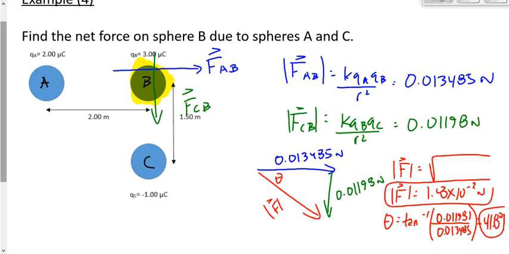North, south, east, west is not my frame of reference. The question doesn't mention north, south, east, west like it did in most of the collision questions. So I'm just going to express it as 41.8 degrees. Or you could say, I suppose, 41.8 degrees down from right. Something like that if you wanted to. As long as you can label that angle, though, you're good for this question.